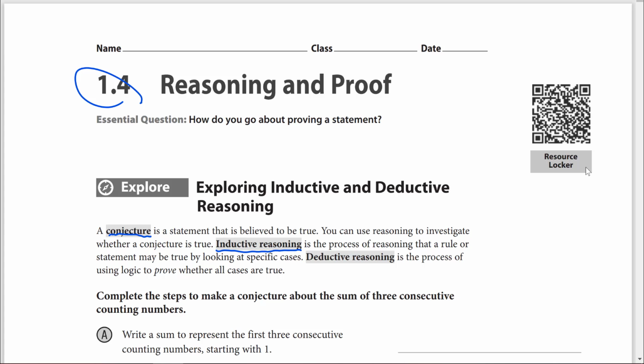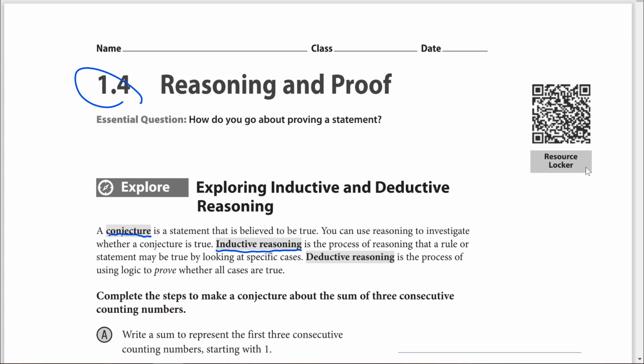Inductive reasoning means we're going to look at specific cases and use a specific case to prove something is true. So we're going to have actual numbers. We're going to look at a specific triangle or a specific square or a specific set of numbers and prove it's true. The problem with that one is we've only proven that it's true for that one example.